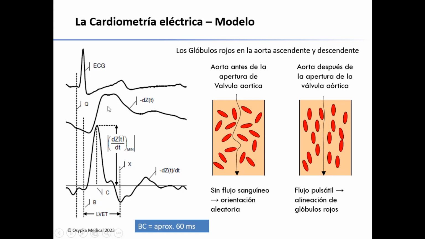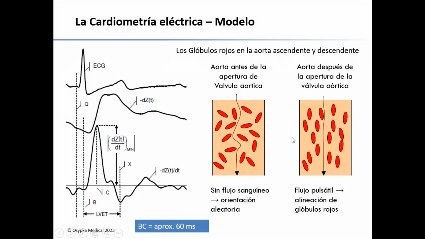Now, prior to aortic valve opening, the red blood cells in the aorta have a random orientation. This is Mother Nature. As soon as the aortic valve opens, the red blood cells align with their flat side in parallel with the blood flow.